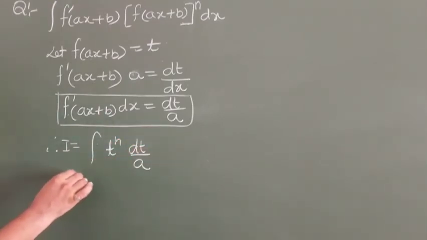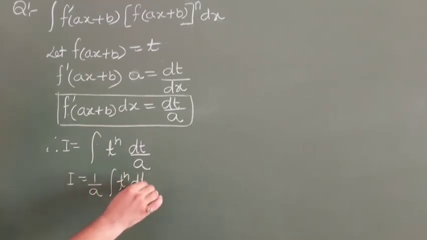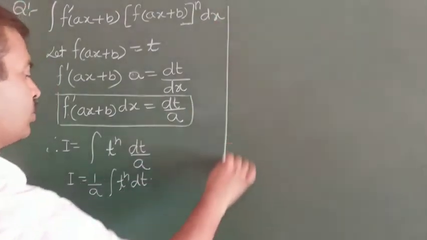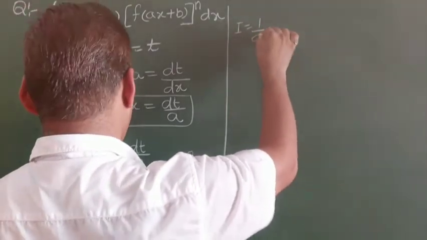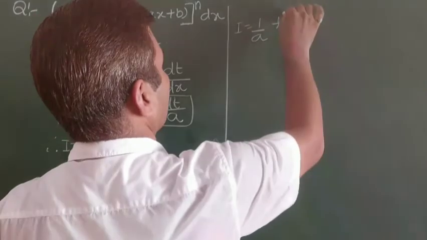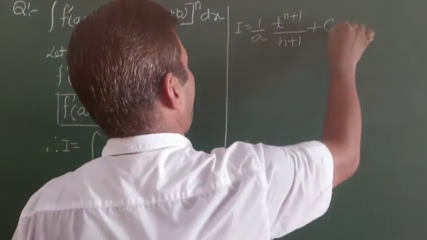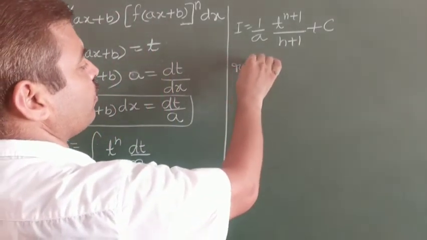So now students, it can be written as 1 upon a integration of t to the power n dt. So its integration is 1 upon a, t to the power n plus 1 upon n plus 1, plus c. Correct? Now students, replacing t.